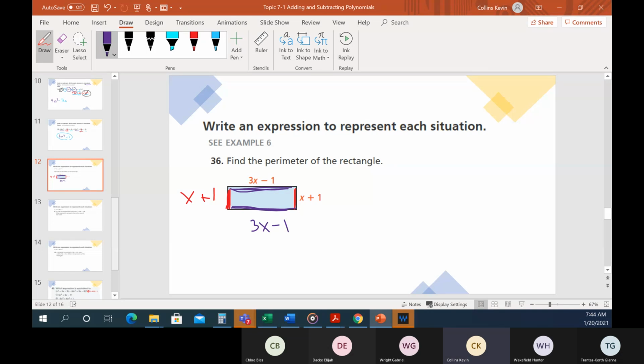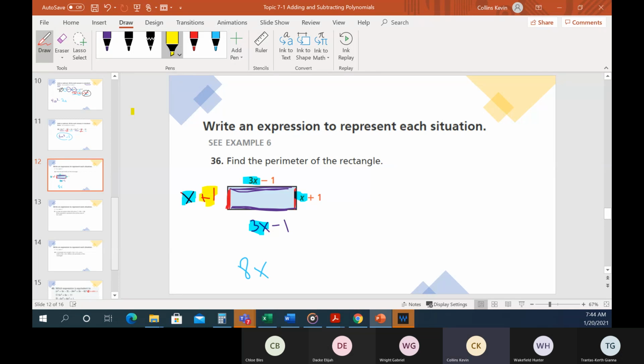So the perimeter just means add everybody up. So again, start with the x's. I have x, 3x, so 1 and 3 is 4, plus another x is 5, plus another 3x is 8. So that means that part's going to be 8x. Okay, and then we do these guys.